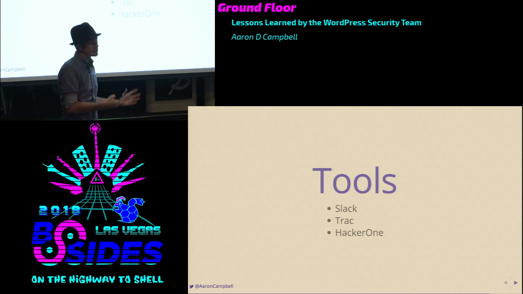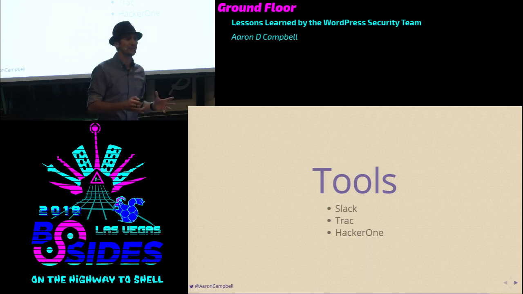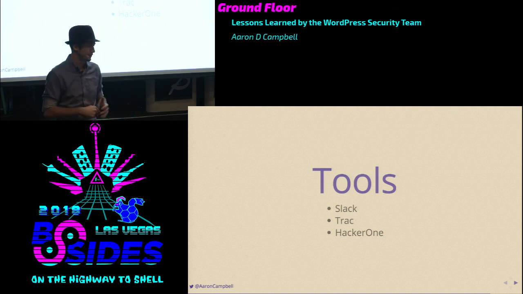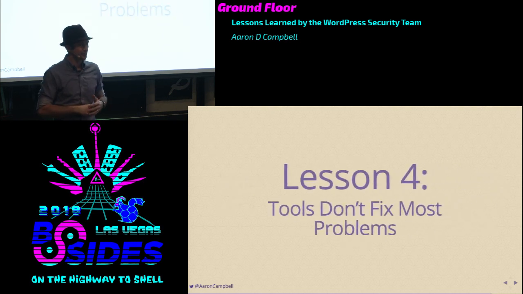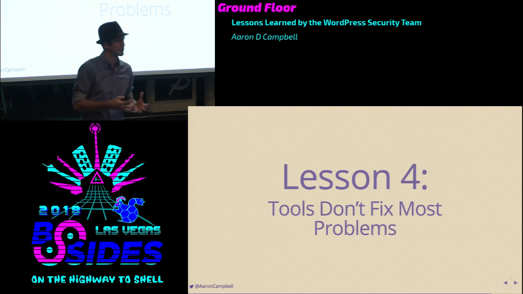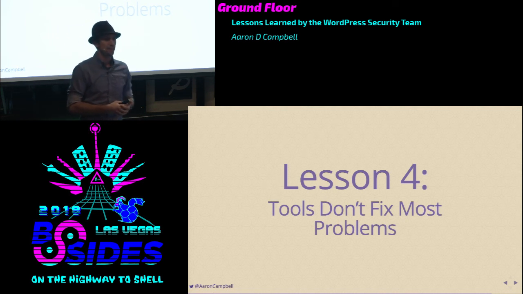In this big changeover where we updated our tool set and settled in on this and tried a lot of other things, the biggest thing that really stood out to me as we tested and got rid of a whole bunch of tools is that tools don't fix most of our problems. They often help highlight where some of those problems really are. We think that they're because of our tools, but for us, most of them weren't.